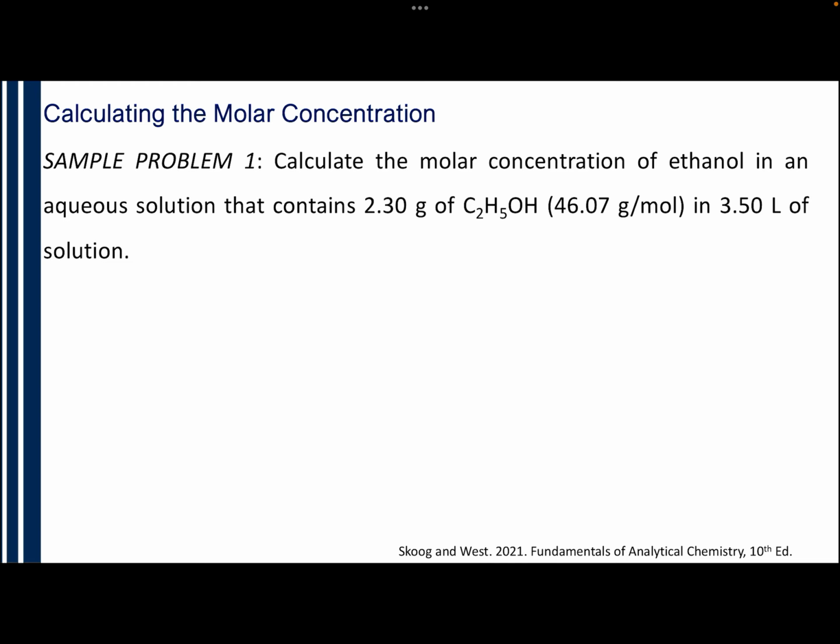So we have here the example. Calculate the molar concentration of ethanol in an aqueous solution that contains 2.30 gram of ethanol, whose molar mass is 46.07 gram per mole, in 3.50 liters of solution.